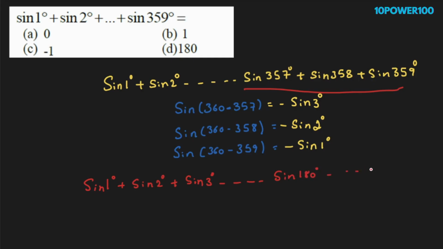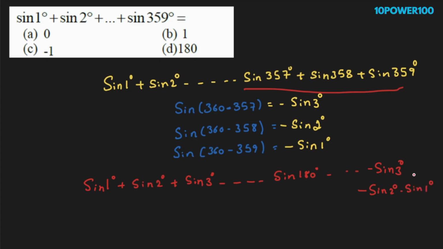It goes on until 357 degree, which can be taken as minus sine 3 degree, next minus sine 2 degree, minus sine 1 degree.